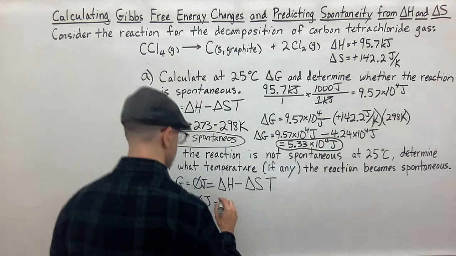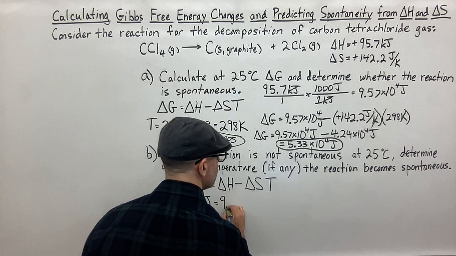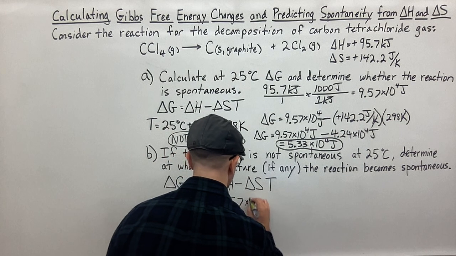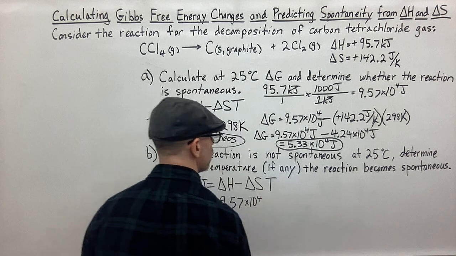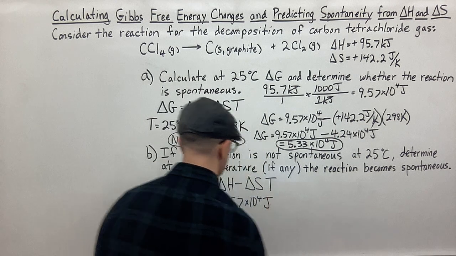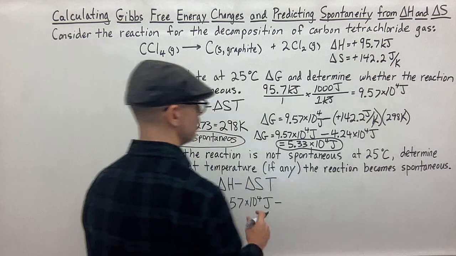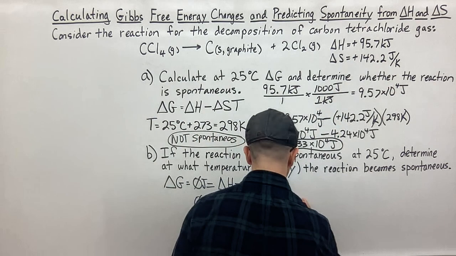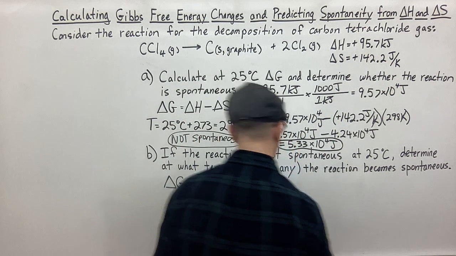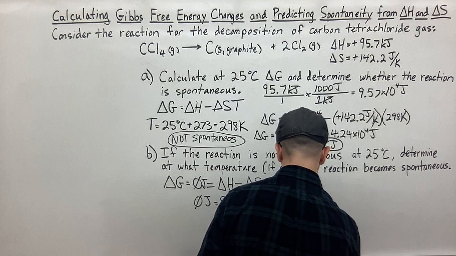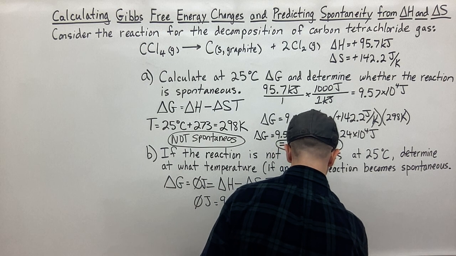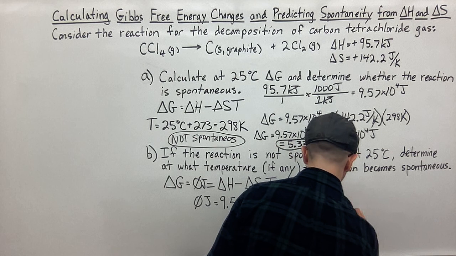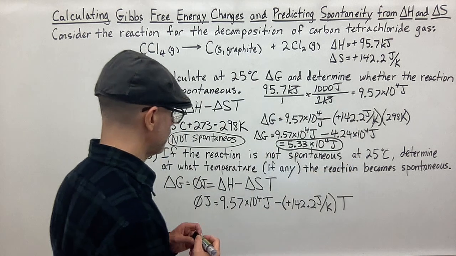So we're going to put 9.57 times 10 to the 4 joules minus the delta S. Again, delta S is here. So minus a positive 142.2 joules per Kelvin, and then T for temperature.